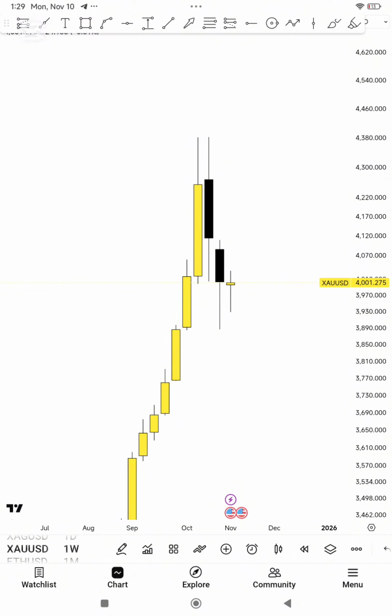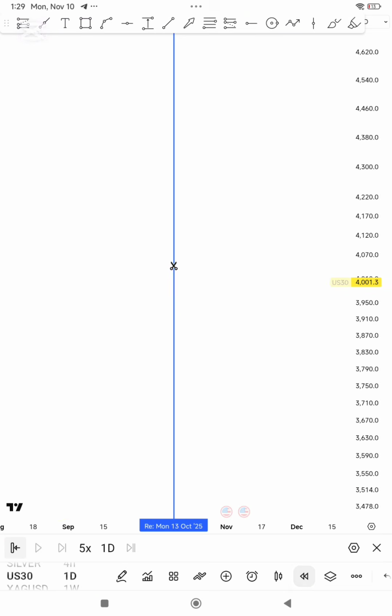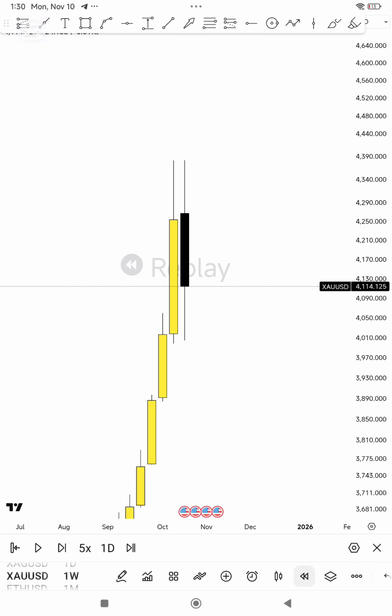Now pause here for a second, zoom in and tell me what do you see here.